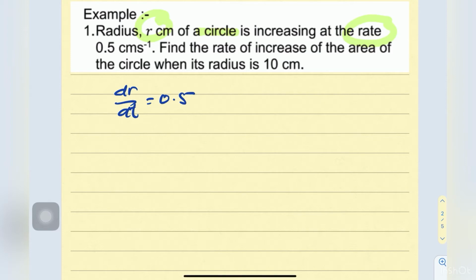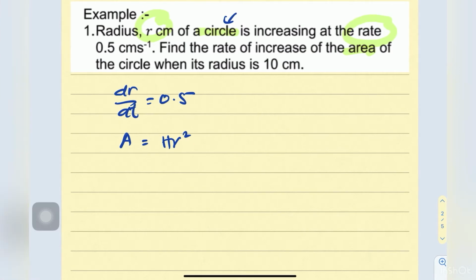Given the clue is circle, find the rate of increase of the area. What is the formula for the area of a circle? Pi r squared. So now we have A in terms of r.